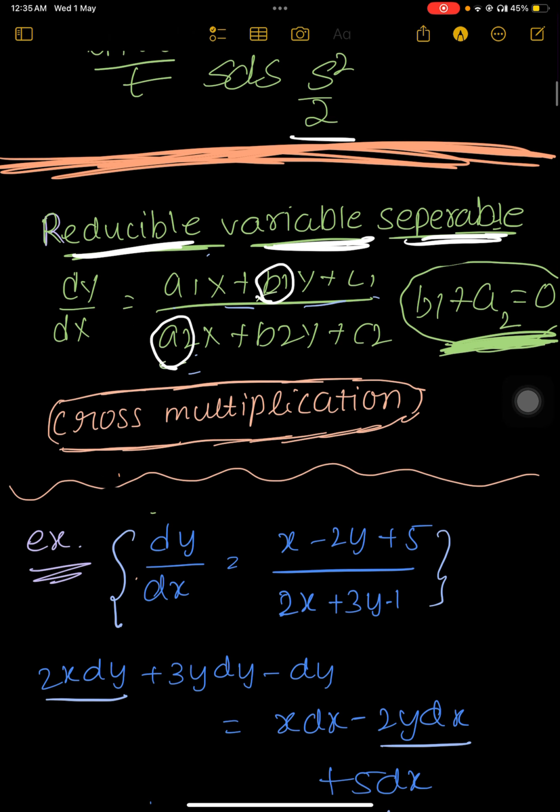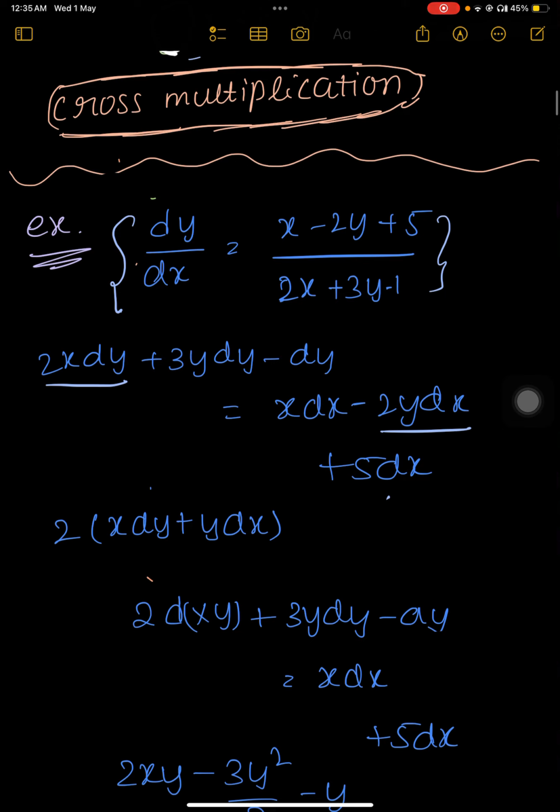Reducible variable separable. Basically dy/dx = linear by linear is given to you. Here, if the y coefficient of the numerator, summed with the x coefficient of the denominator, is 0, then you just cross multiply.